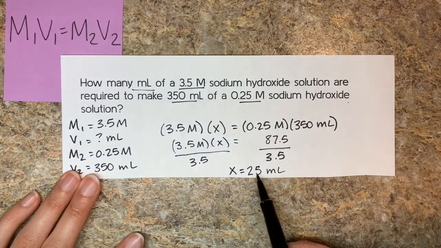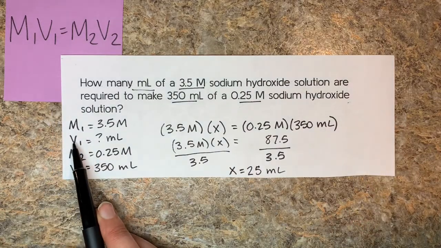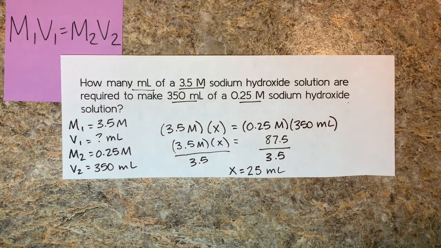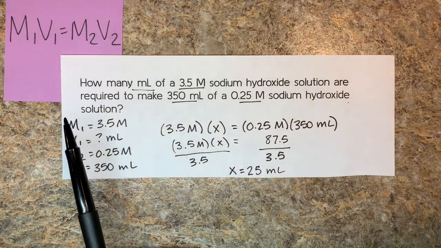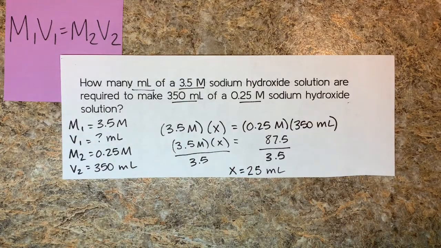So that's saying that I need 25 milliliters of my beginning solution, which is 3.5 molar, in order to make 350 milliliters of the 0.25 molar second solution. So I would put the 25 mils of my beginning solution into a flask or a beaker, and I would add enough water to get that volume up to 350 milliliters, and the ending molarity would be my 0.25.